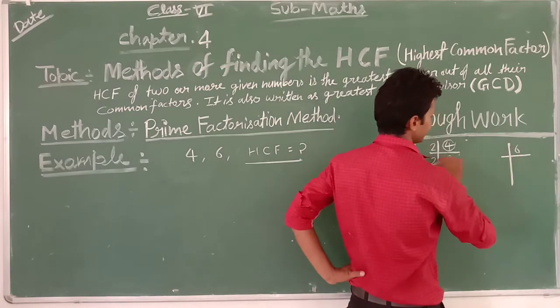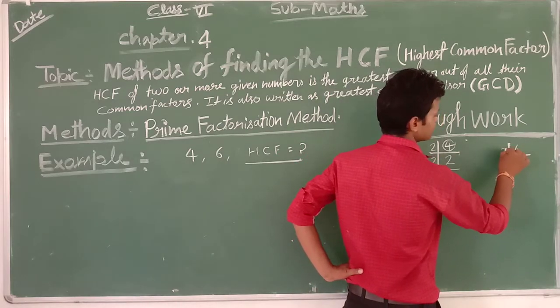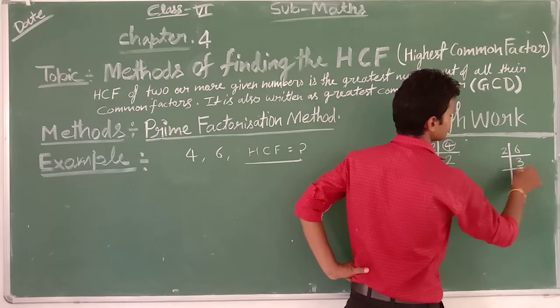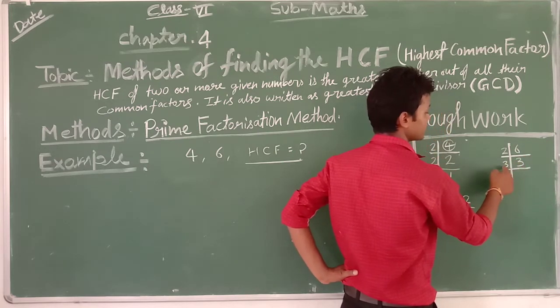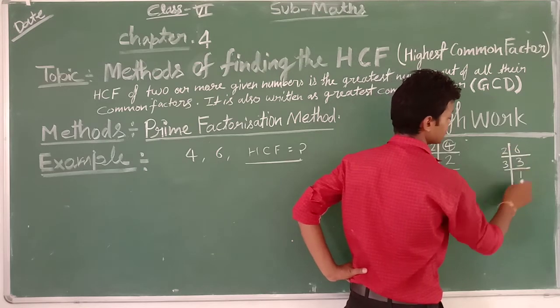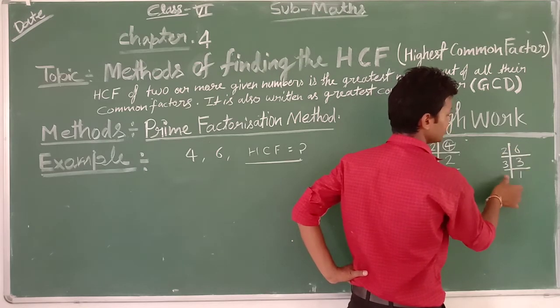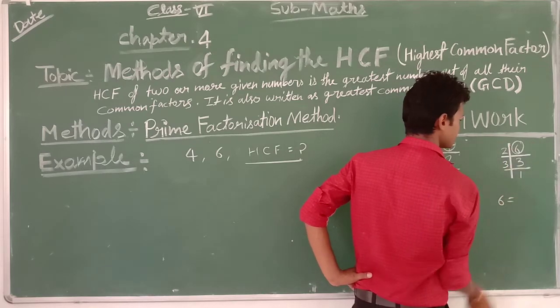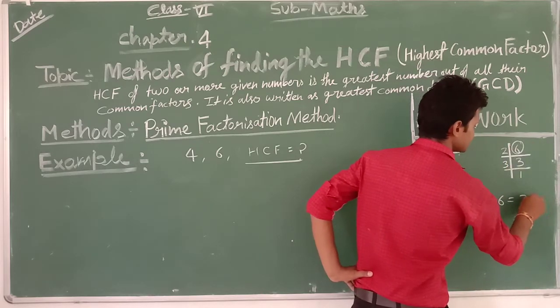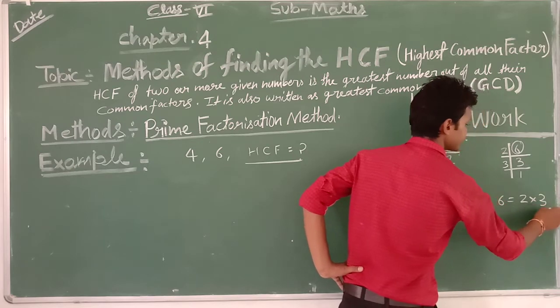And same to same, first 2 threes are 6. 3 is also a prime number, divisible by itself, and you can take 3 ones are 3. You found 1 and stop here. You write here 6 is equal to 2 threes are 6. 2 and 3 are also prime numbers.